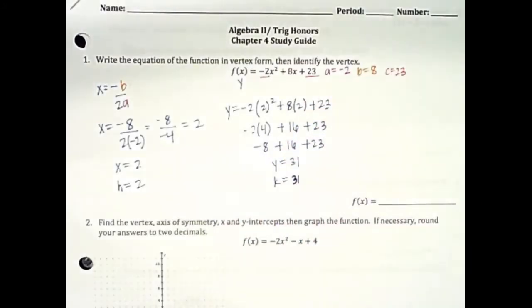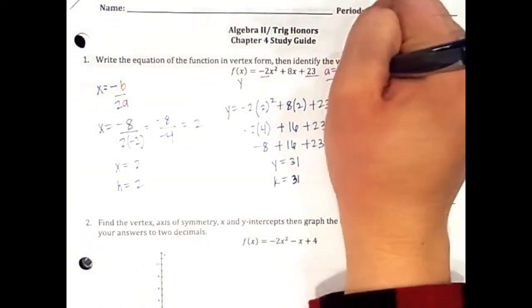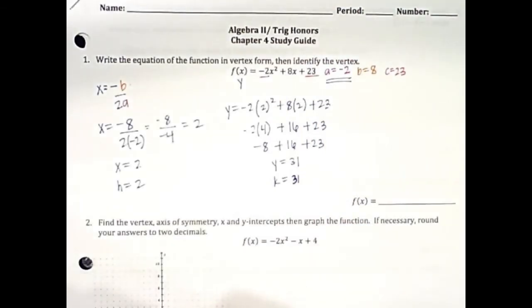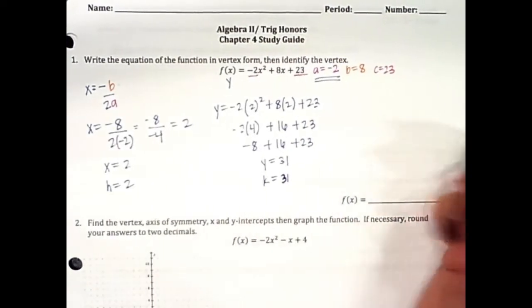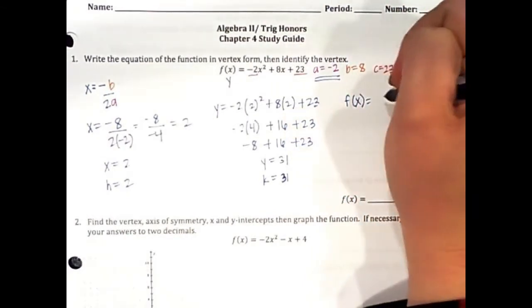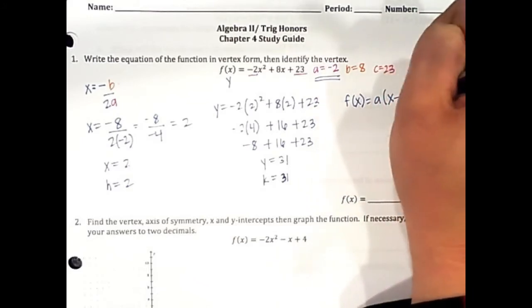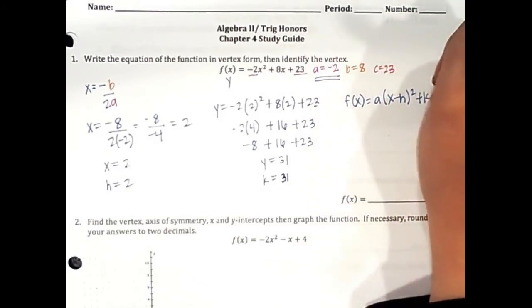I need to use a different pen. Okay, so now that we have our h value, our k value, and our a value, which we had from just looking at the equation, we can plug that into our vertex form. Remember, vertex form is f of x is equal to a times x minus h squared plus k.